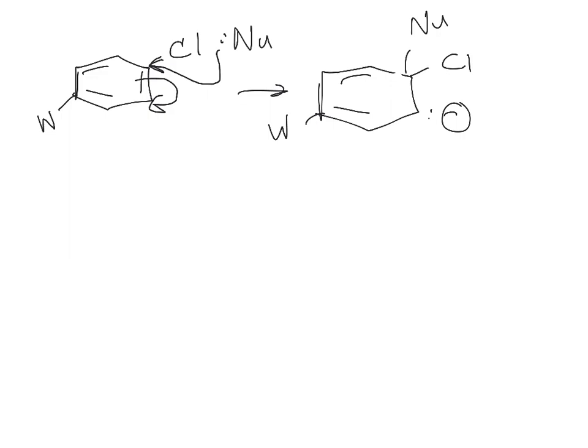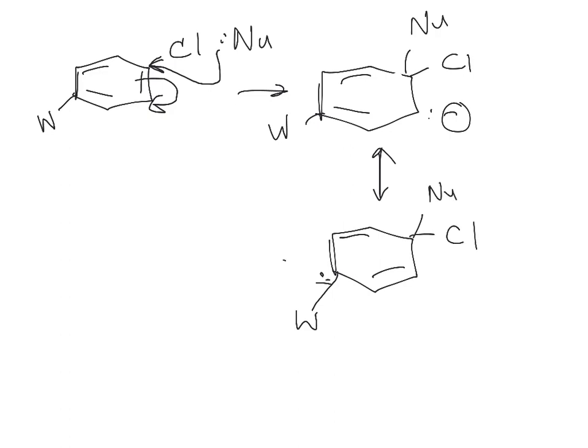The resonance structures for this look like this. So you can have the electrons move over here where that electron withdrawing group is. That's what stabilizes your benzene ring. You can also move them this way.